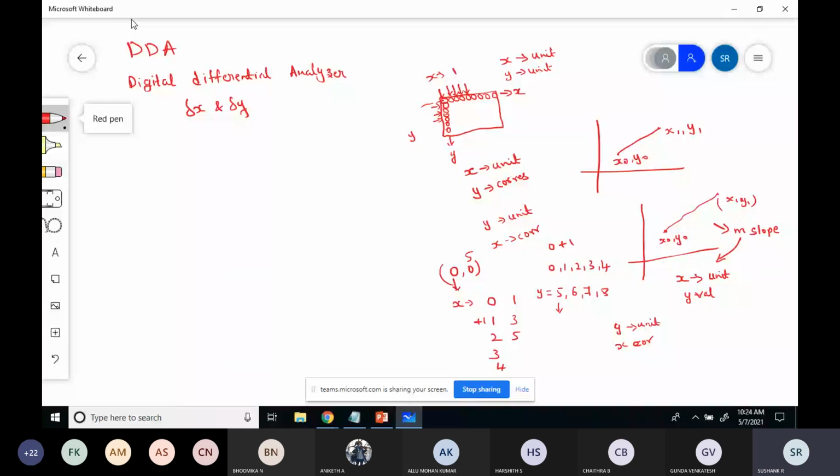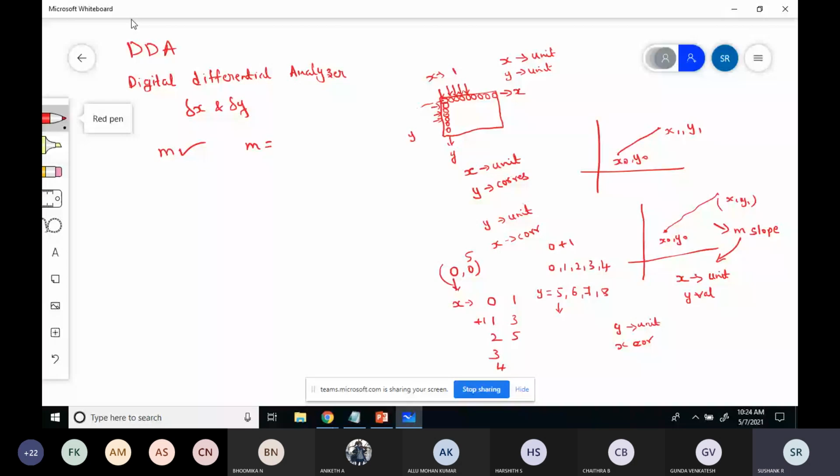So how do you decide whether you want to move in x direction or in y direction? That is decided by calculating the slope. The slope will decide whether you want to move in x direction or y direction. Okay, so that is how. Already you know the slope. What is the slope?